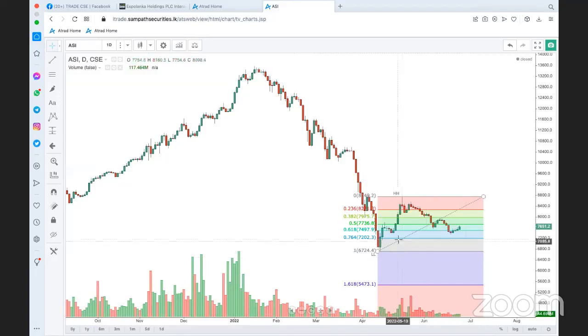So you have this level, which was a previous resistance, 1811. And we know the previous resistance level, once there is a breakout, becomes a support, right? So it is fair for us to consider that level as a support level, right?